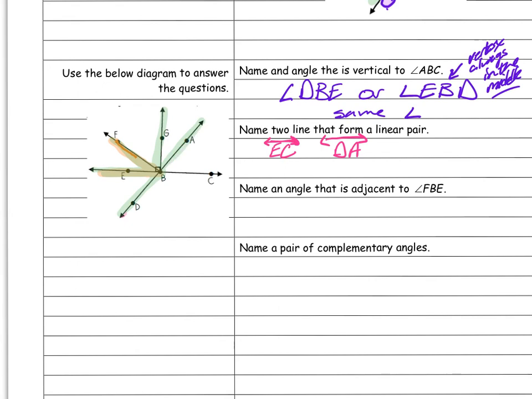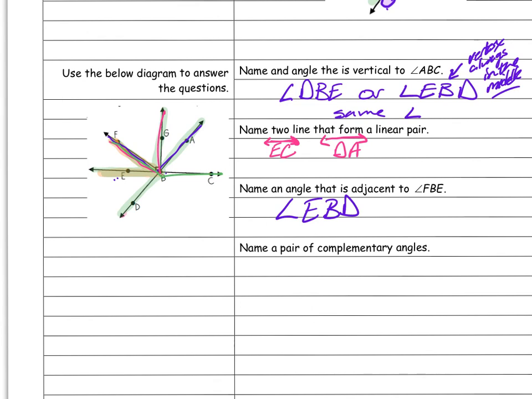I could make a whole bunch of different angles in there, but it just says one. So let's say EBD.